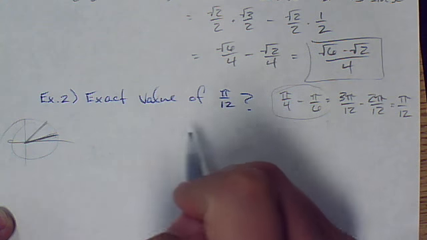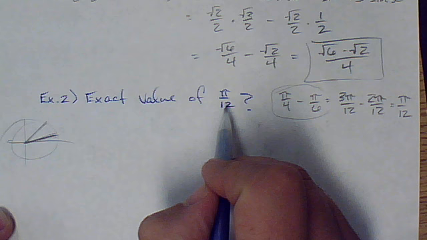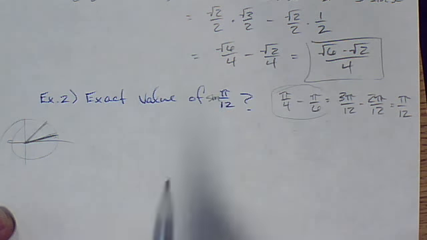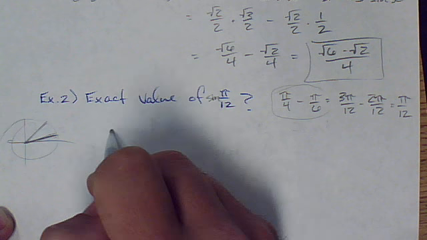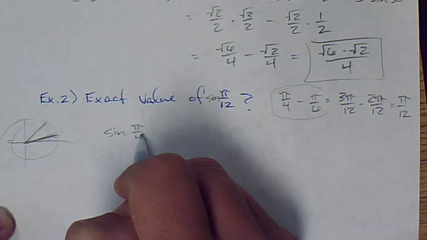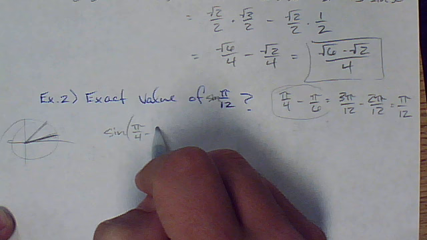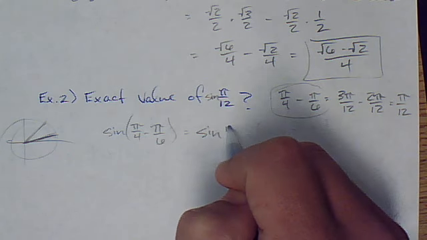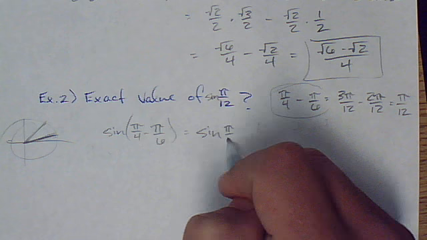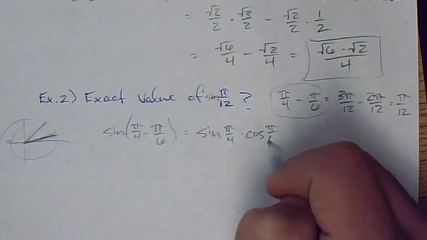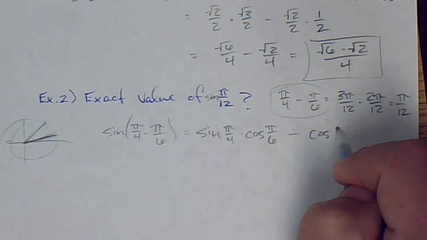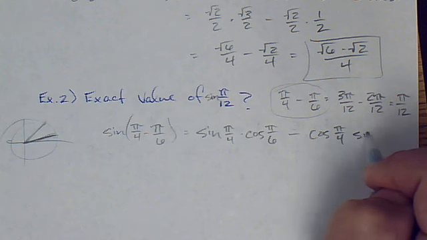So there's the difference that we're going to use. Pi over 4 minus pi over 6. Whoops, that should say sine pi over 12. Sorry about that. So we will take sine of pi over 4 minus pi over 6, and we can plug those angles into the formula. That would be sine pi over 4 times cosine pi over 6 minus cosine pi over 4 sine pi over 6.